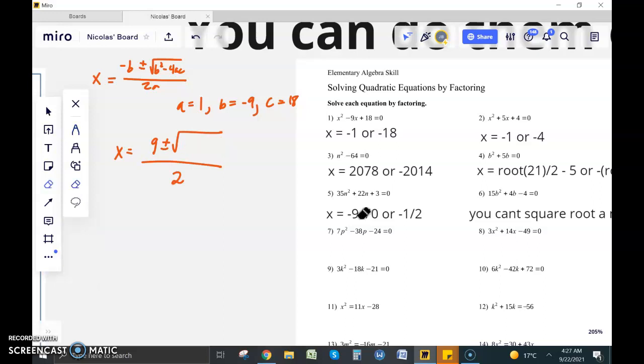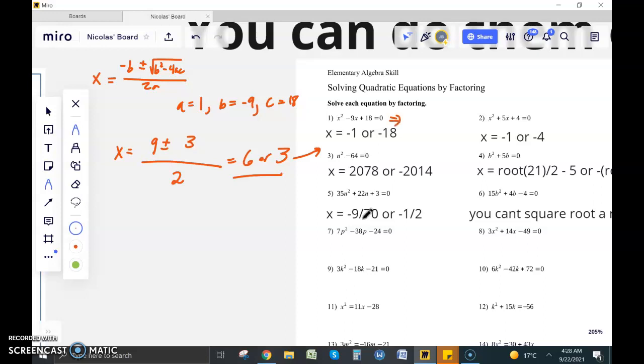81 minus 72 is 9. Square root of 9 is 3. So we get 9 plus or minus 3 over 2, which is 9 plus 3 over 2. That's 12 over 2, which is 6. Or 9 minus 3, which is 6 over 2, which is 3. So the two solutions here should have been 6 or 3, right?